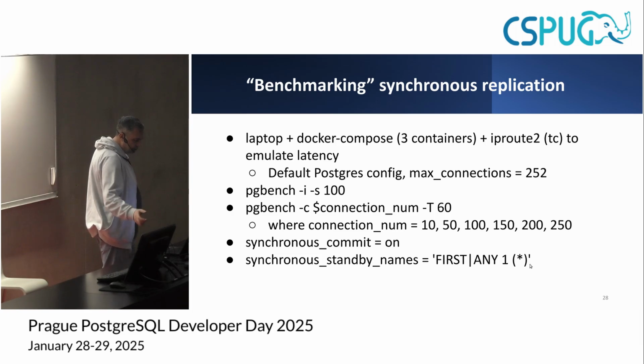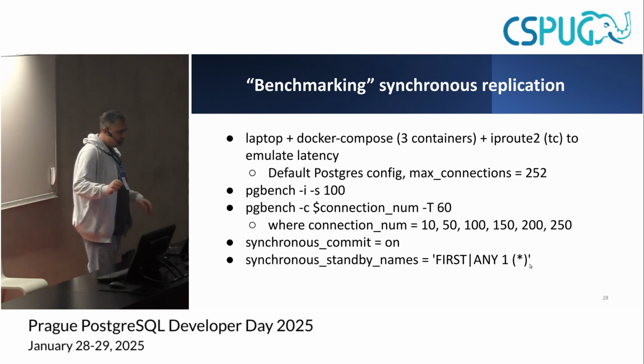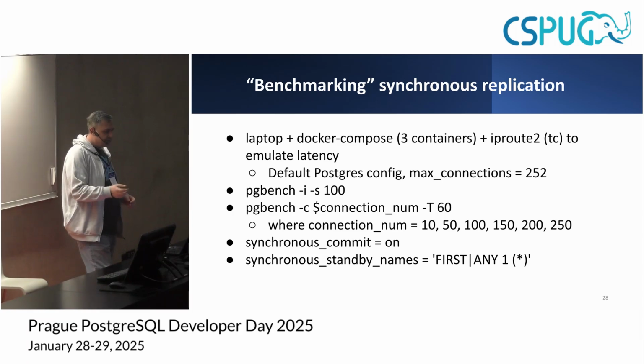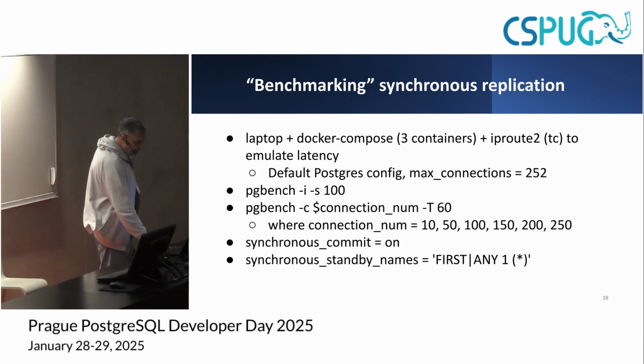The asterisk here is not dangerous because I knew for sure that there are only 2 standbys. And I was doing it with different numbers of connections from pgbench to Postgres, started from 10, then increased it to 50, 100, and so on.